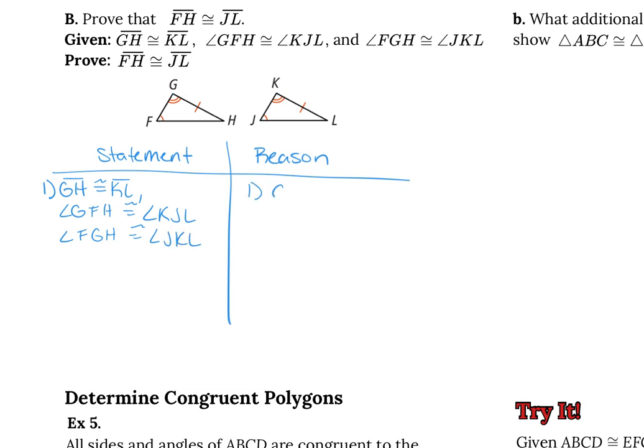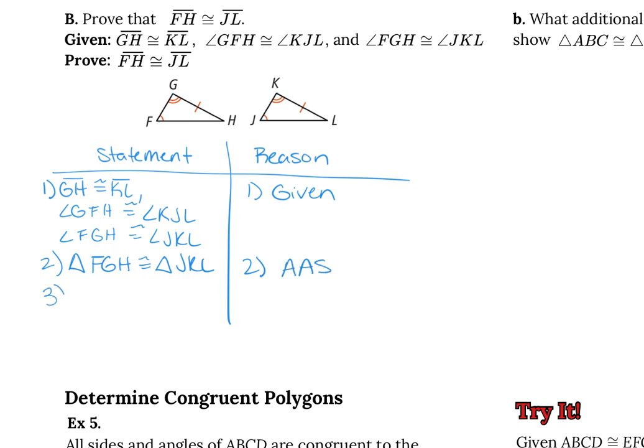And those are given. Okay, we are able to prove triangle FGH is congruent to triangle JKL. We're able to do that through angle, angle, side.